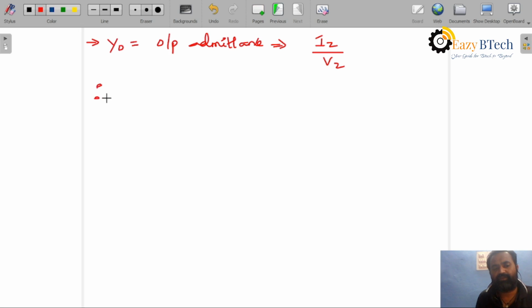Therefore we know that I2 is equal to HF I1 plus H0 V2, divided by V2.